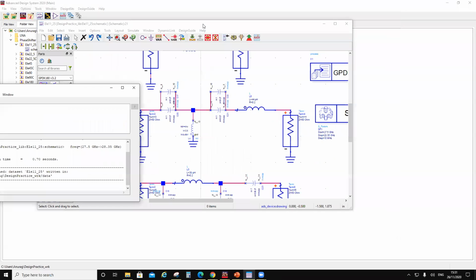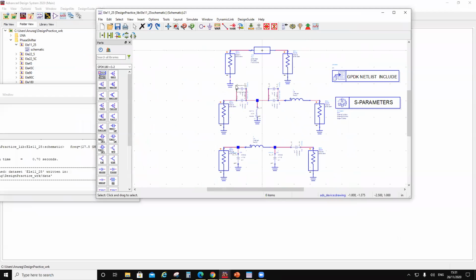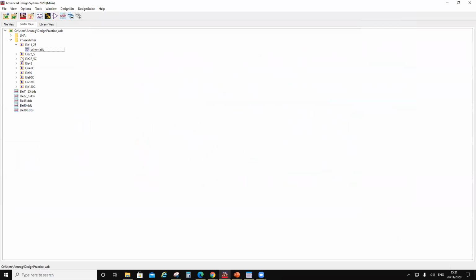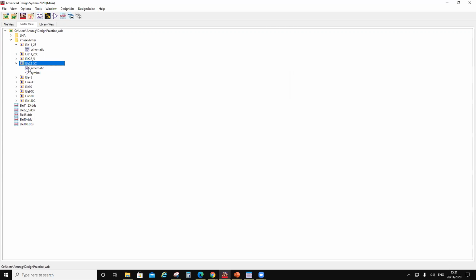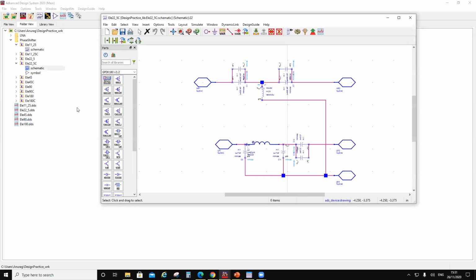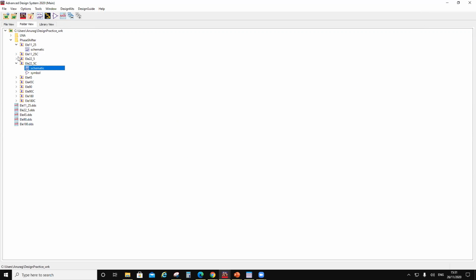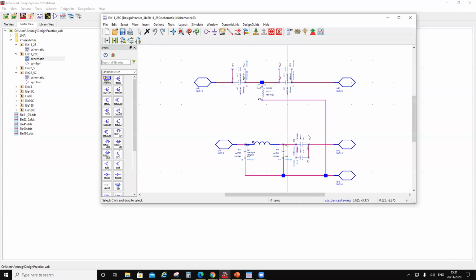Okay, so I am going to make a component out of this. So I will go here and save this, copy cell, and make it as 1125 component. Okay, and then I'm going to go to this, sorry, 1125 component and replace it. I'm going to replace these.